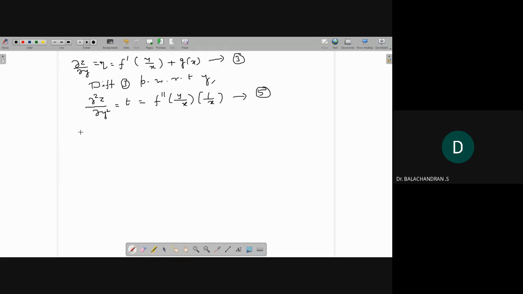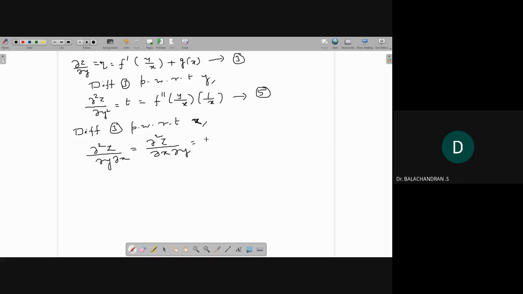One more thing. Now differentiate equation 3 partially with respect to x. That means dou square z by dou y dou x. The mixed partial derivatives are equal because we are considering only continuous functions. That's why you can write this as dou square z by dou x dou y also.